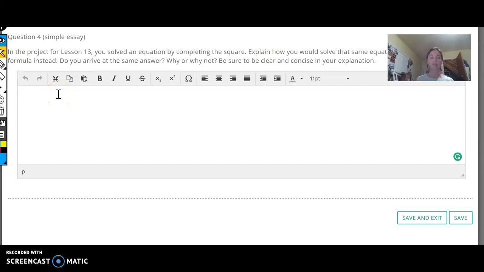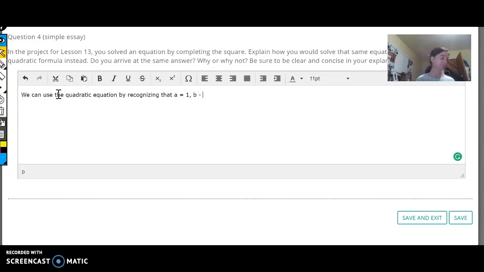We would use the quadratic formula by recognizing that a equals 1, b equals negative 2, and c equals negative 24.